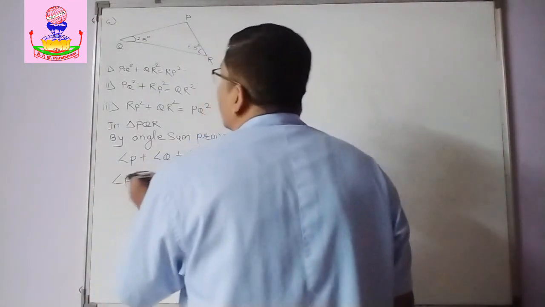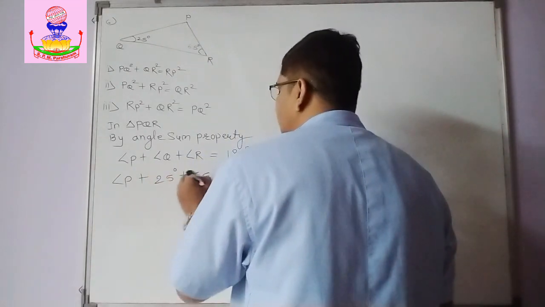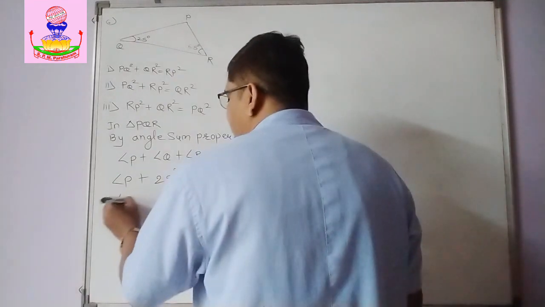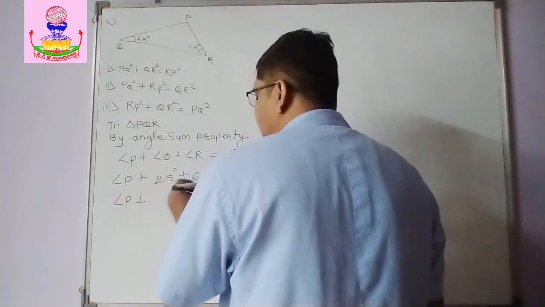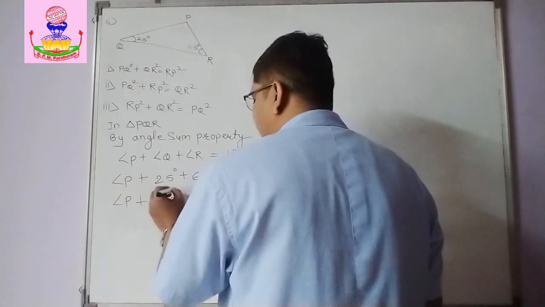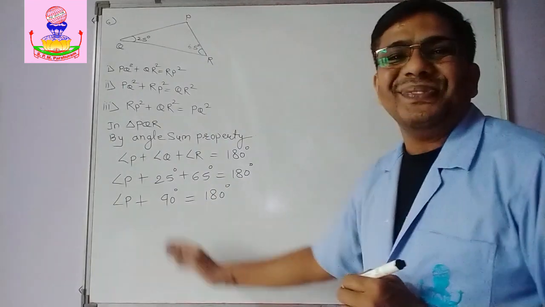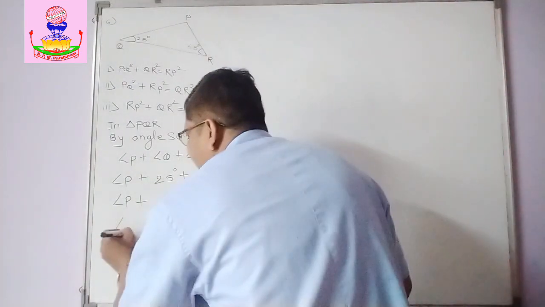Now, I don't know angle P, but I know angle Q. What it is? 25 degree. Angle R, 65 degree. That is equal to 180 degree. So, angle P plus, it becomes 65 plus 25 is 90 degree. That is equal to 180 degree. Now bring this 90 degree to left hand side. Okay.